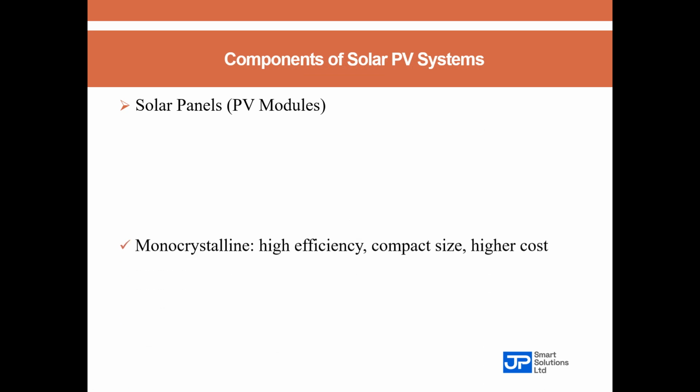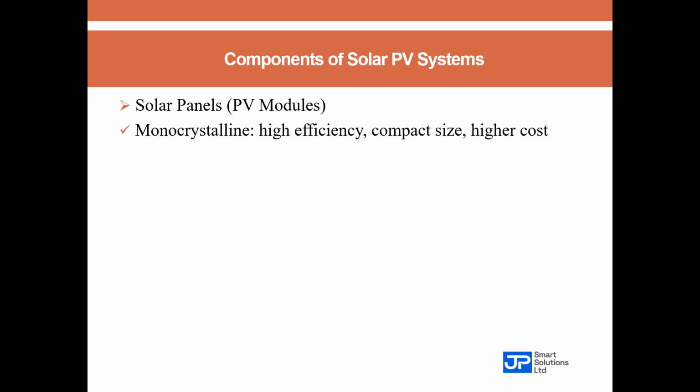And the function of solar panels is to convert sunlight into DC electricity using photovoltaic cells, as we mentioned earlier. And we have various types of solar panels. The first, which we have here, is the monocrystalline panel. It has high efficiency. It has a compact size. However, the cost of this is much higher compared to the other types of solar panels.